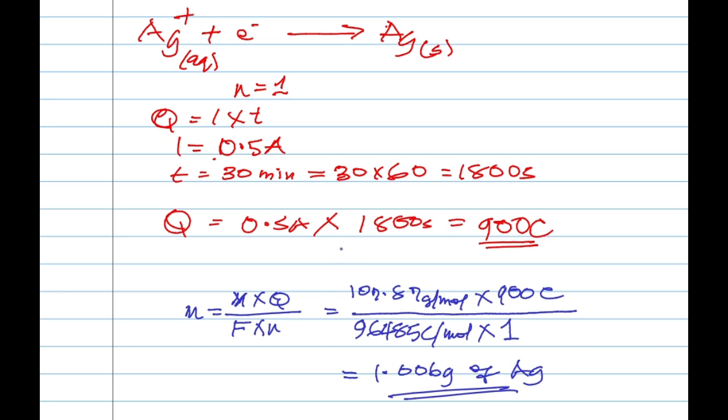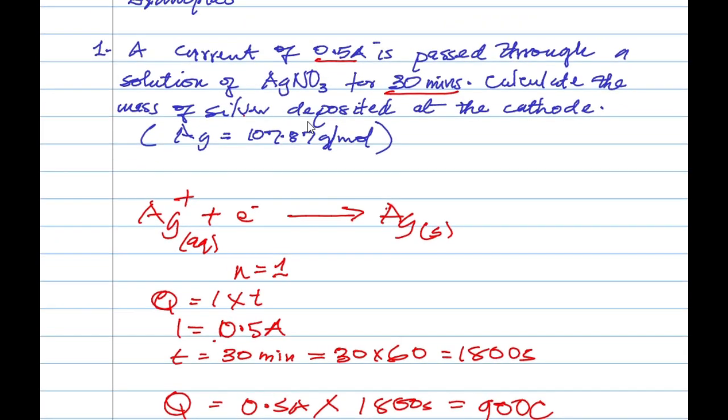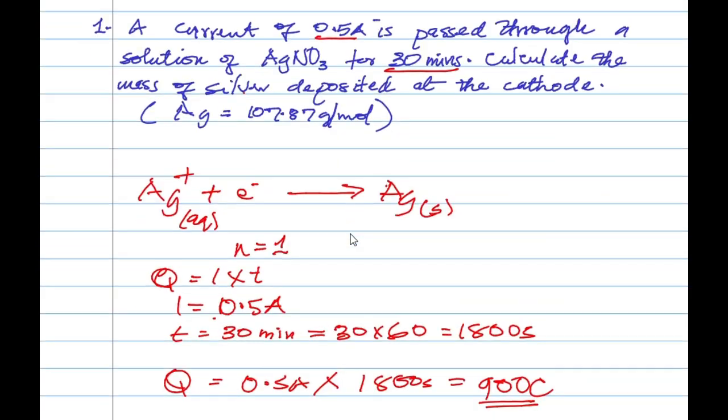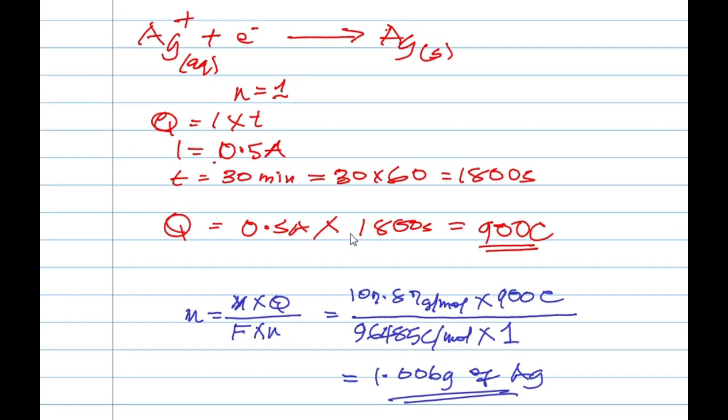So that is how to apply this equation to calculate the mass of substance that is deposited, either at the anode or at the cathode. In this example, it is the mass deposited at the cathode.